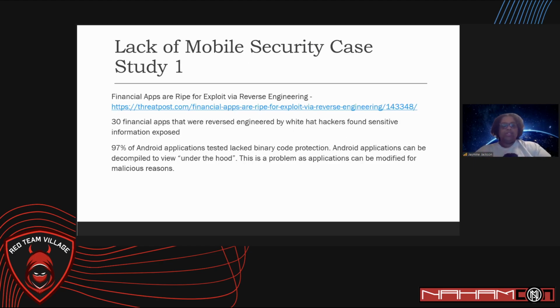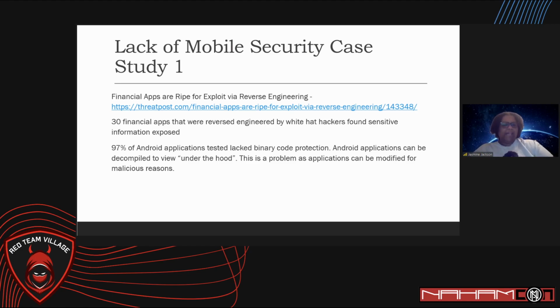Before we start talking about what's under the hood, let's look at a few mobile security case studies. From Threat Post, the first case study I want to highlight: financial apps are ripe for exploit via reverse engineering. As many of you know, you might have a banking app on your smartphone, like Bank of America or Wells Fargo.